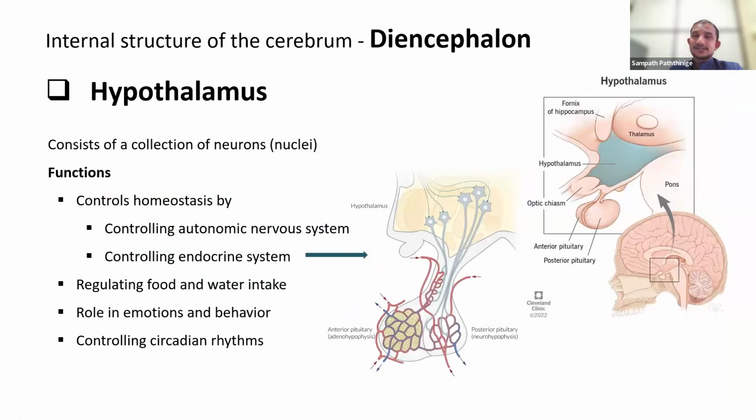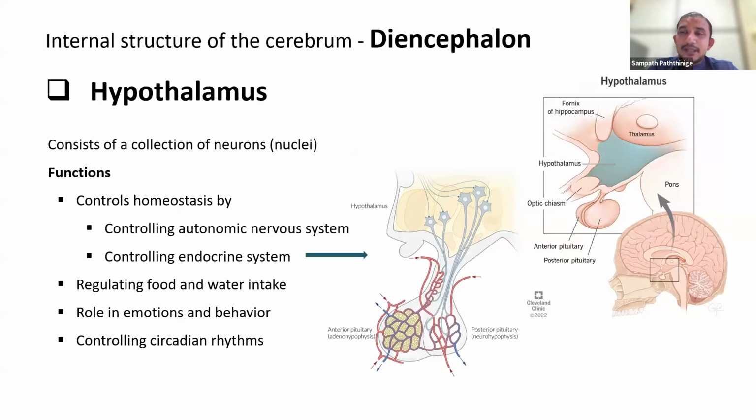The hypothalamus is hanging down from the thalamus, and it is the central controlling body of the autonomic nervous system and the endocrine system, right? Because the hypothalamus affects the pituitary, and the pituitary secretes all the releasing and inhibitory hormones to most of the endocrine glands, the adrenal gland, thyroid gland, the gonads.